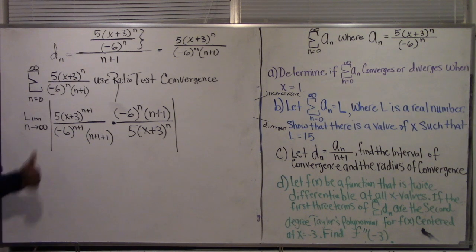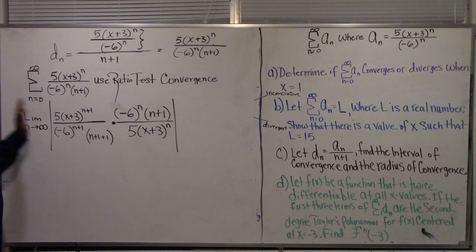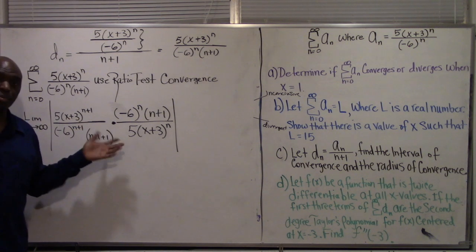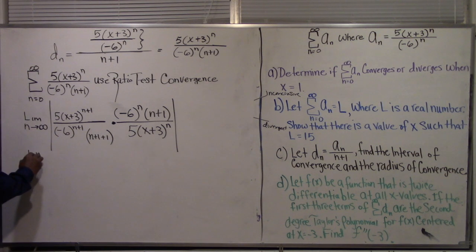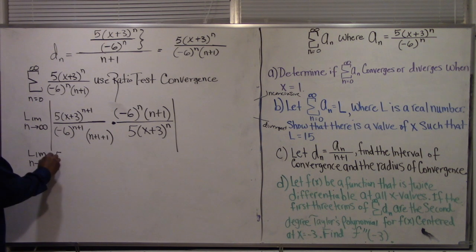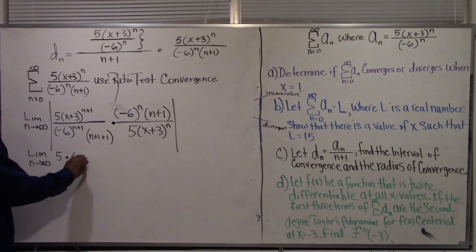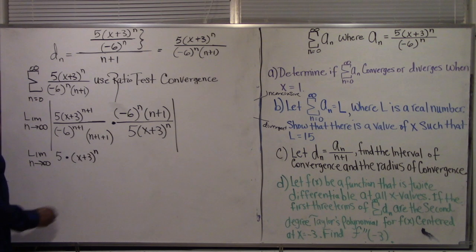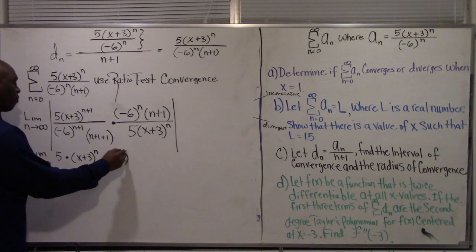Boom. Good. All right. So now since we've written it out, let's go ahead now and do some algebraic manipulations. Let's expand some things here. So next step, I'm going to have the limit as n goes to infinity of 5 times (x plus 3) to the n times (x plus 3) to the power of 1.